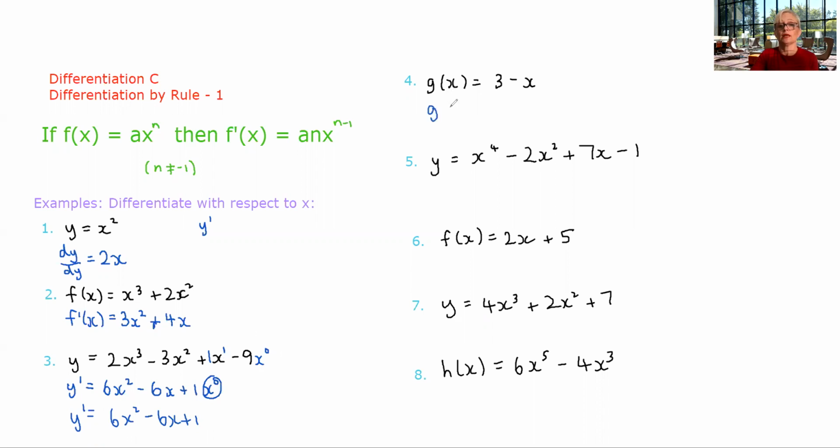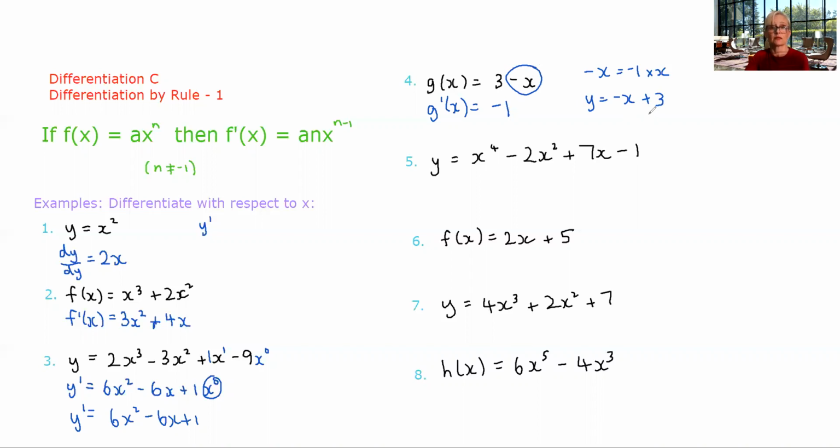So g dash x, differentiate 3, you get nothing. Negative x is really negative 1 times x. So we're just going to get negative 1. This would be a straight line if we were graphing it, wouldn't it? That's like y equals negative x plus 3 in your mx plus c notation there.